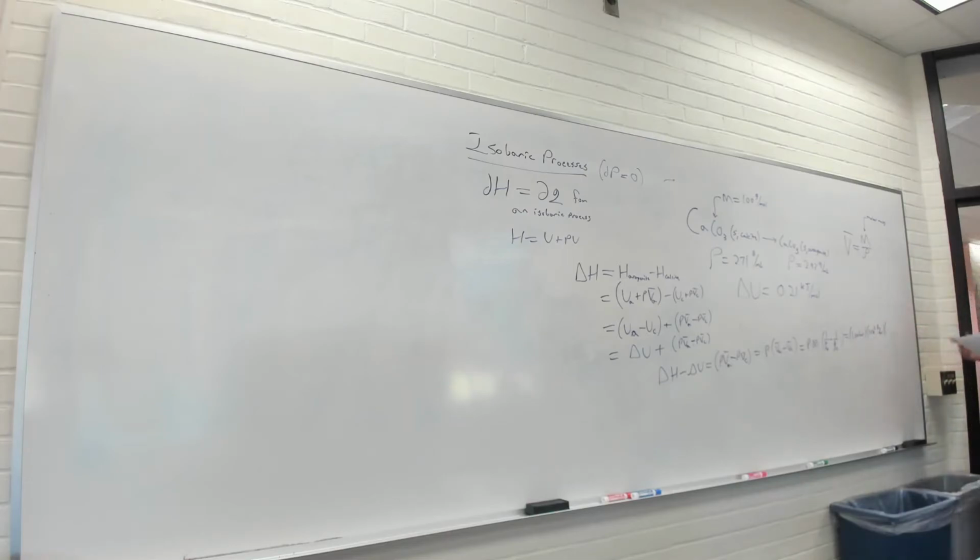We're going to want to measure things in joules, so we need kilograms. So the molar mass is 0.1 kilograms per mole. And then we do 1 over the density, the difference of the densities. So that's 1 over, I'll just write it here, 2.93 minus 2.71.